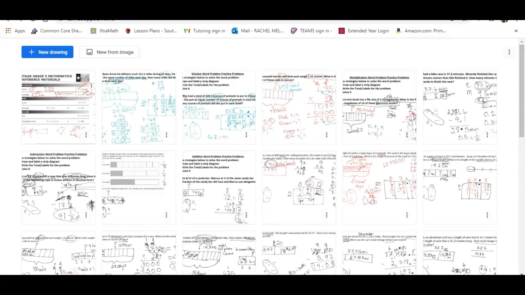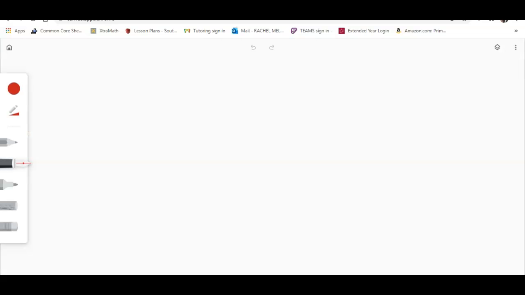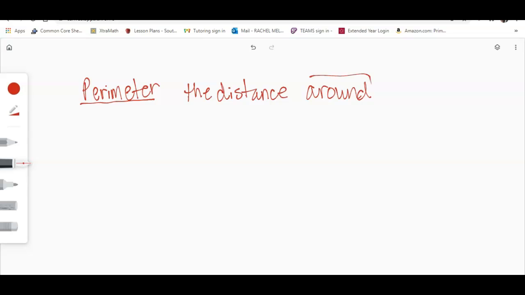So any polygon, I can find the perimeter just by adding up the sides. All right, so that being said, let's make sure we write down the vocabulary word perimeter. Okay, the perimeter is the distance around, I'm going to put a square around that because that's the really important word there.